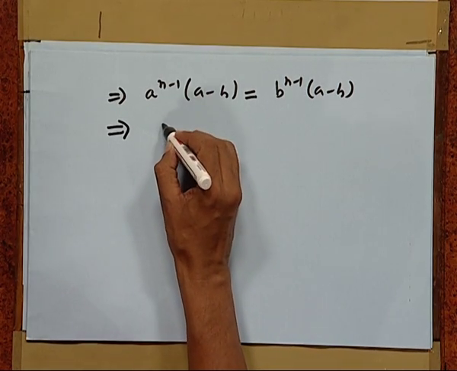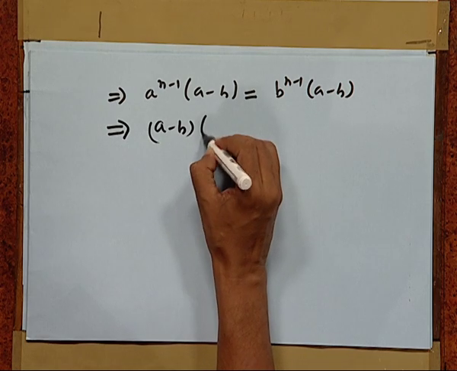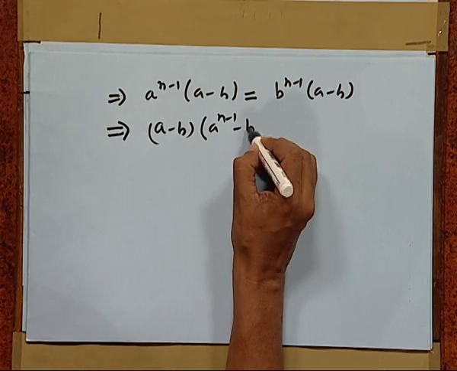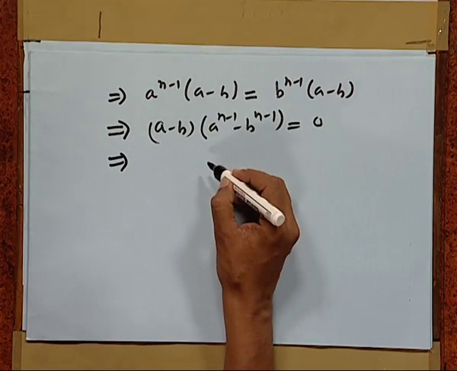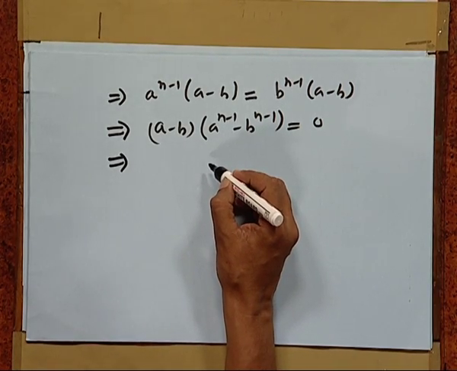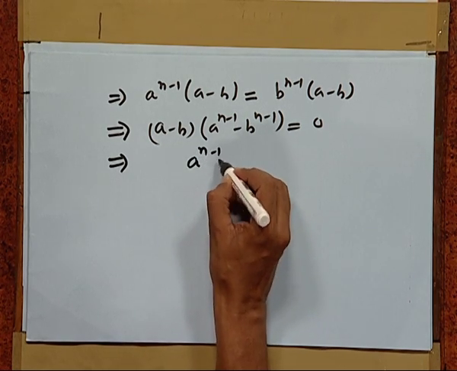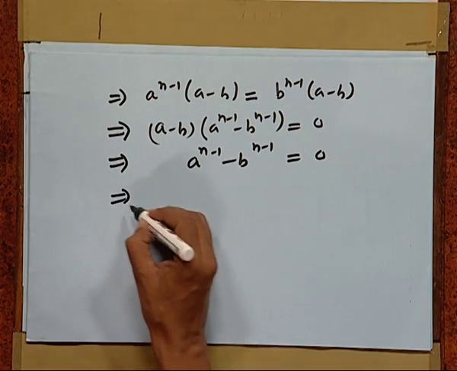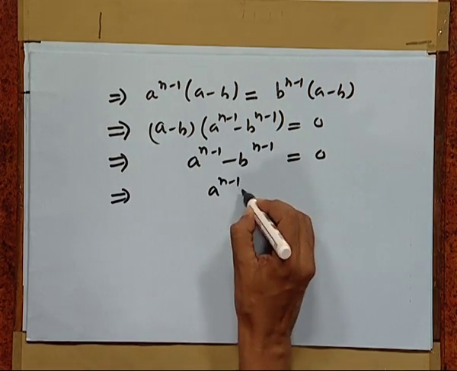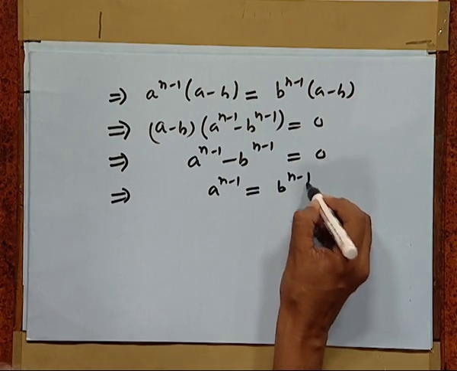That implies (a minus b) times (a^(n minus 1) minus b^(n minus 1)) equal to 0. We can safely assume A is not B because A and B are distinct. This implies we can cancel A minus B both sides, so we get a^(n minus 1) minus b^(n minus 1) equal to 0. That makes a^(n minus 1) is equal to b^(n minus 1).